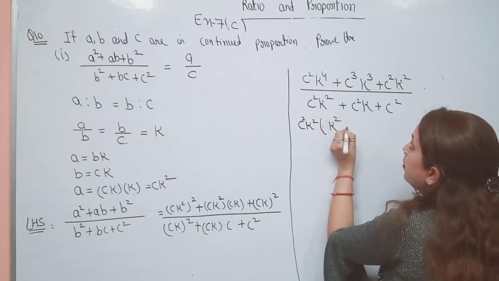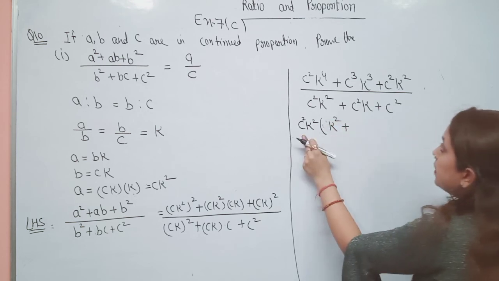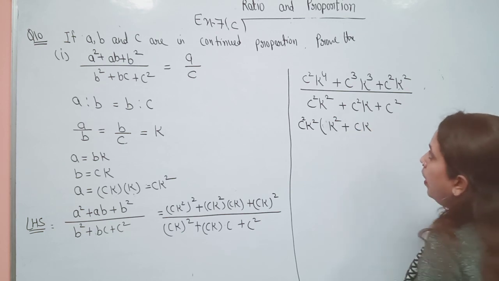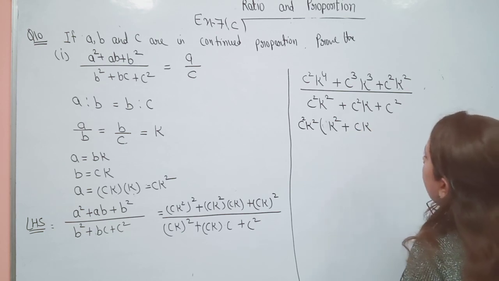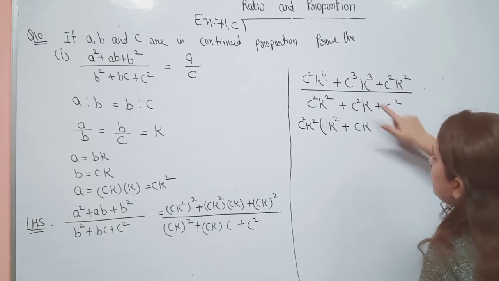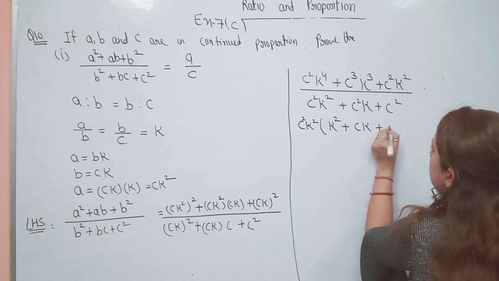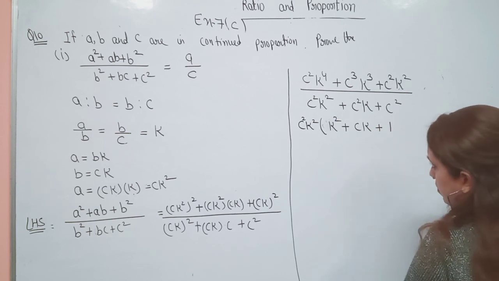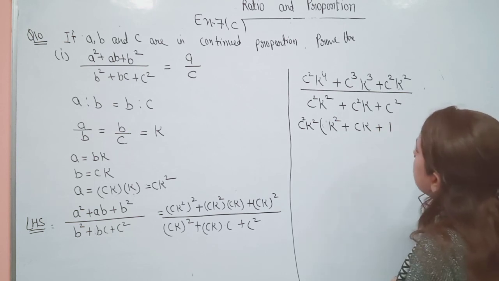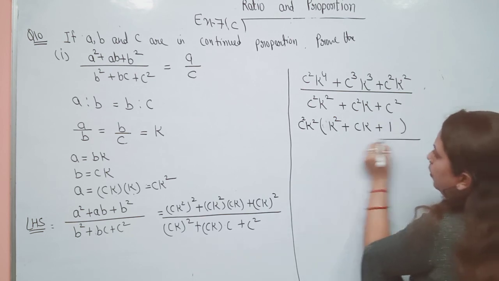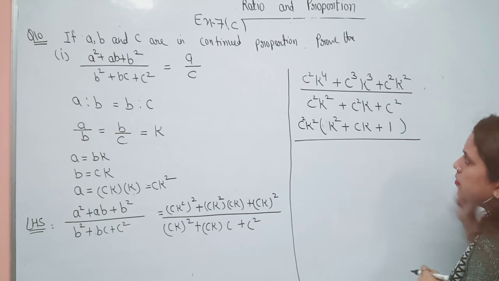K square plus K plus 1. Now in the denominator, what is the common?